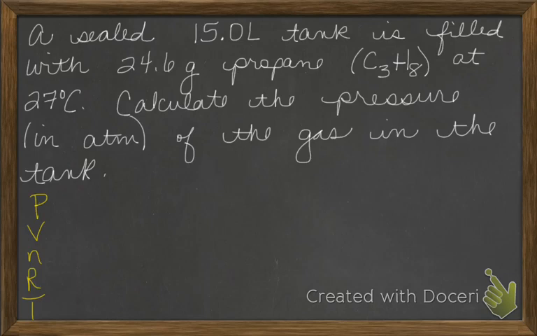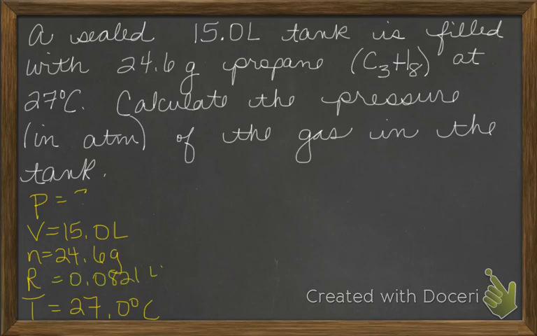If you have a 15-liter tank, that is the volume. The 24.6 grams is the amount. 27 degrees Celsius is the temperature. And pressure is what we're calculating. We know that R is 0.0821 liters times atmospheres per mole Kelvin. Now, where do you want to start?